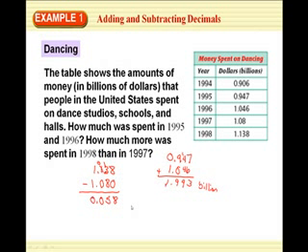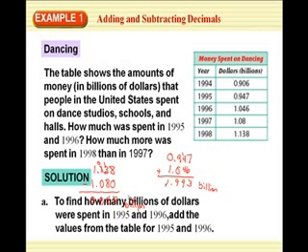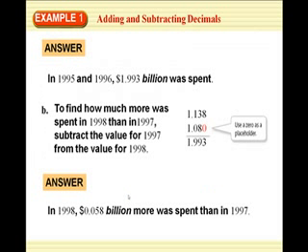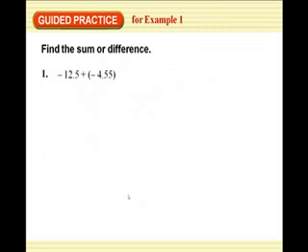So 58 thousandths of a billion dollars more. Let's see what they came up with. 1.993 is what we got, and then the subtracting, and they got the same.